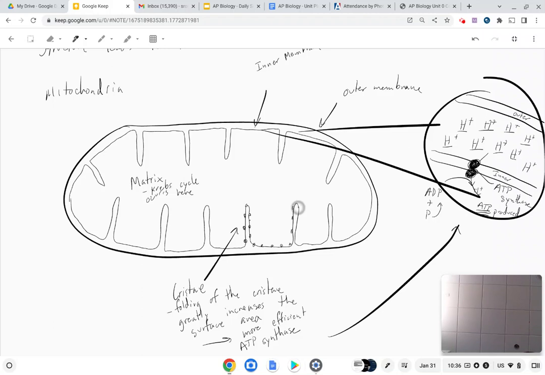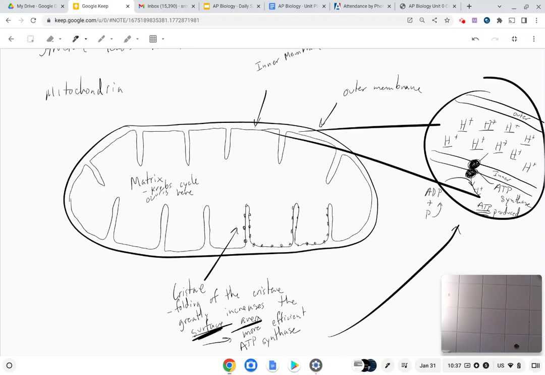And so this is the mitochondria's way of just being more space efficient and getting a more efficient ATP production. This folding really dramatically increases the surface area. Remember, that's kind of a theme of this unit. We've talked about surface area before when it comes to cell size and stuff.